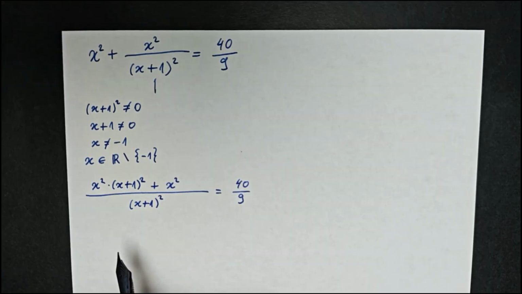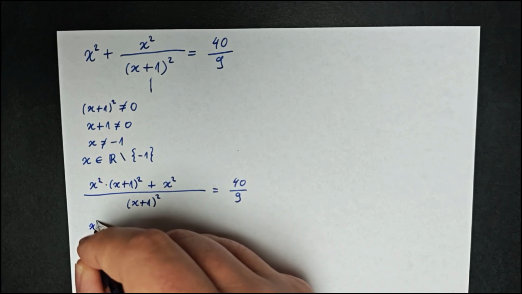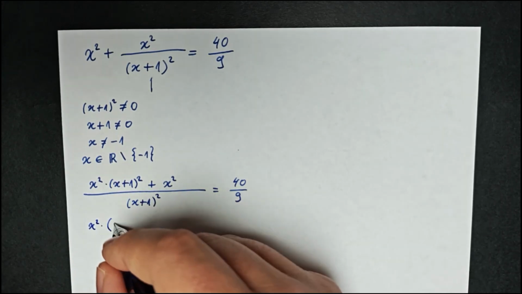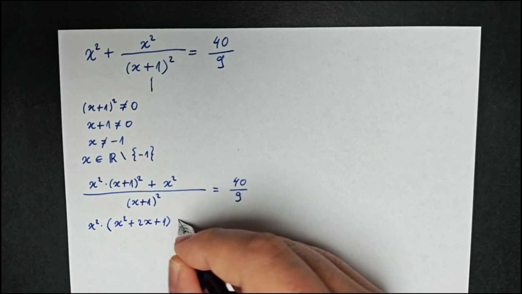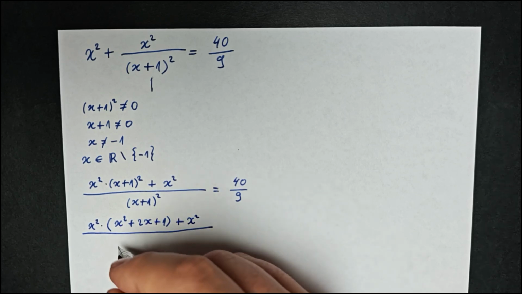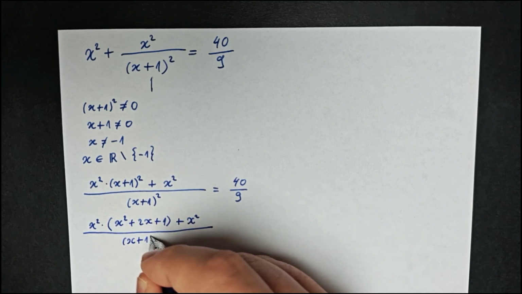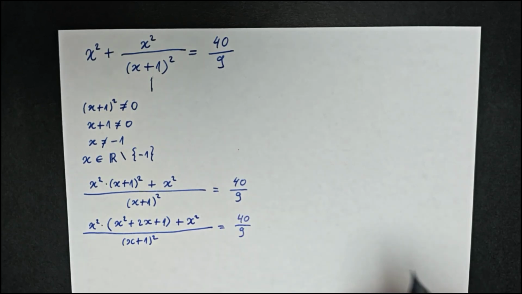We are going to expand the numerator of the fraction on the left side of the equation. So we have x² multiplied by (x²+2x+1), and plus x². That is going to be divided by (x+1)², and that is equal to 40/9.